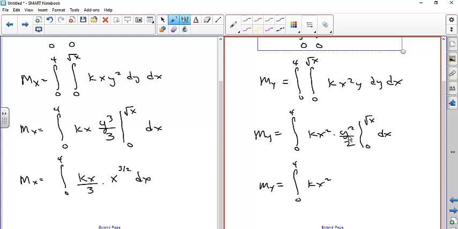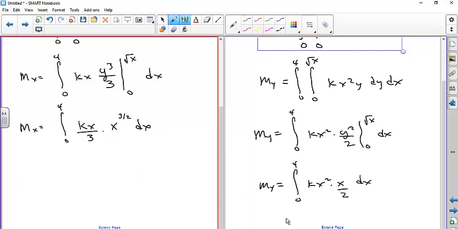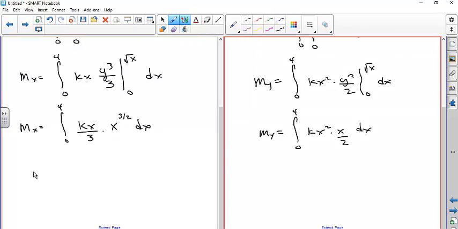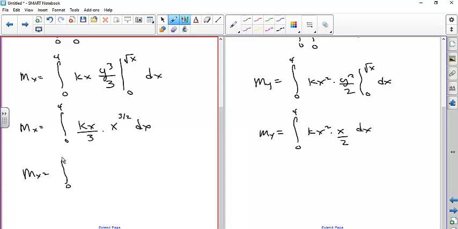Here we have the square root of x squared, which is going to be x divided by 2. Plug in 0, you get 0, multiplied by dx. Next step is to simplify before we try to integrate. So you have x times x to the 3/2, so that's x to the 5/2, divided by 3, dx over here.